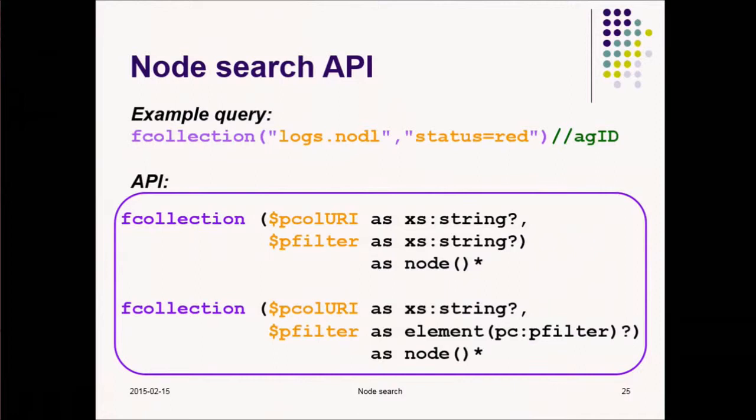And as the filter can be specified either as an XML element or as a string, we have two variants of this function. But at any rate, the function returns the nodes, the XML nodes referenced by the p-collection of the selected p-nodes. And above, you see a simple example of how the use of this new function looks in XPath.